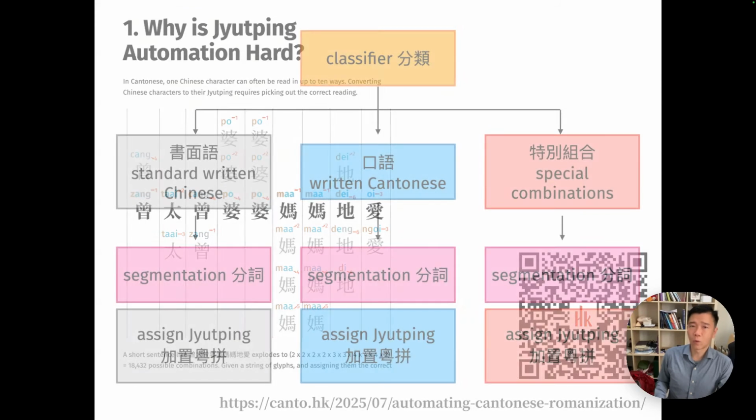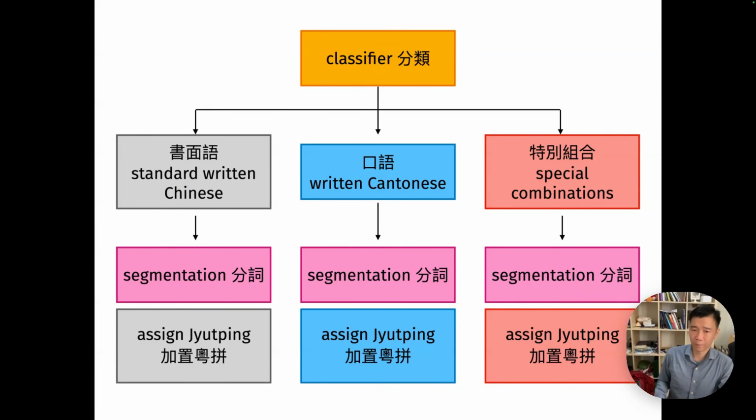So we first want to classify the text, and then we need to do a segmentation to say 好正, great. If there is a 確 at the end of it, 好正確, the 好 and 正確 are separated from one another. That is a segmentation task.